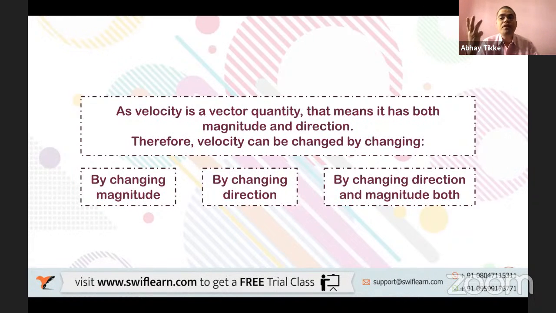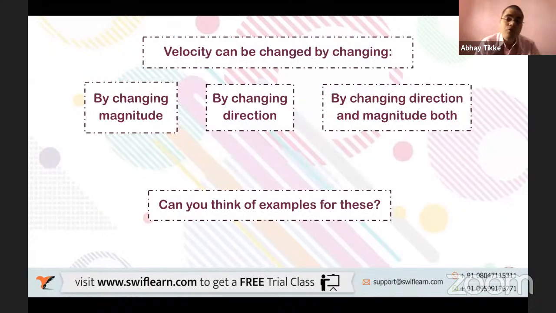So these are the three ways of changing your velocity: by changing magnitude, by changing direction, and the third one, very important, by changing both direction as well as magnitude. That's how you can get your vehicle accelerated, right?